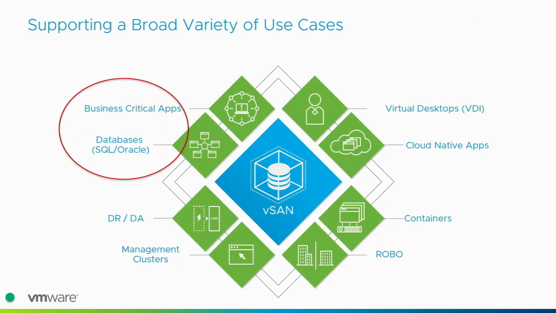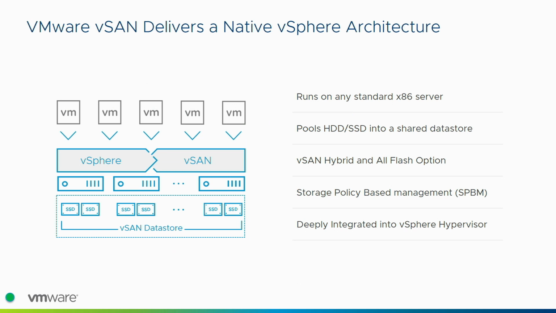So from the use case perspective, vSAN can do a lot of use cases, including the next gen BCA database, as well as VDI traditional stuff, and ROBO. We can do containers, and we're doing a lot of things, including SAP HANA, which is what I'm doing right now. So this is what vSAN can do, and I believe Oracle must be the important part. And this is what vSAN looks like with 6.7.